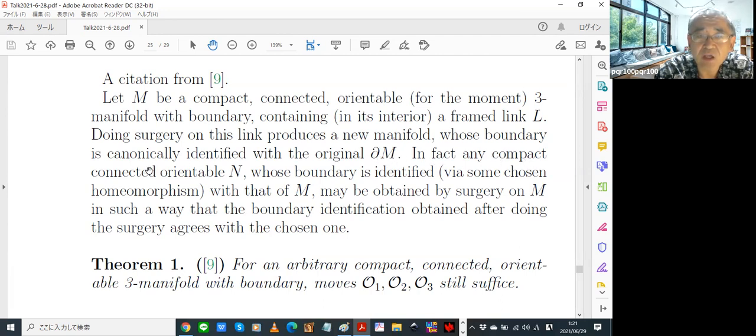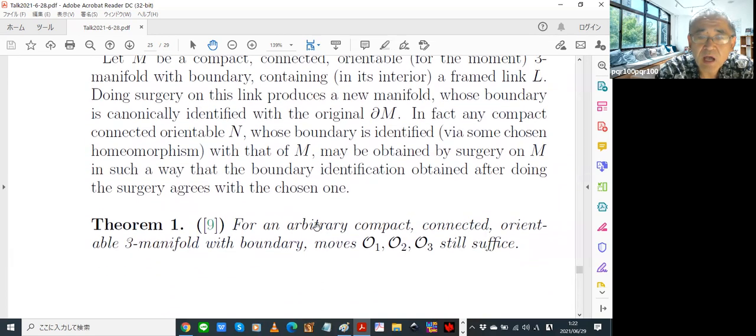In fact, any compact connected orientable N whose boundary is identified with that of M may be obtained by surgery on M in such a way that the boundary identification obtained after doing the surgery agrees with the chosen one.